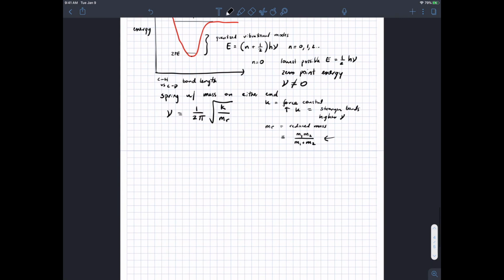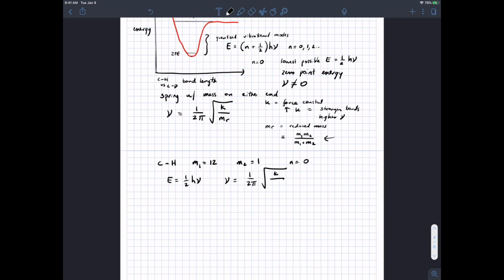So for a bond between carbon and hydrogen, mass 1 we're going to say is 12, mass 2, the proton, is going to equal 1. And we're going to let n in our expression be 0. So E equals 1/2 Planck's constant times nu, the frequency, and nu is going to be equal to 1 divided by 2 pi times the square root of k over the reduced mass.